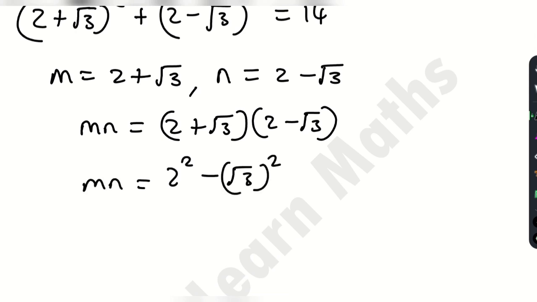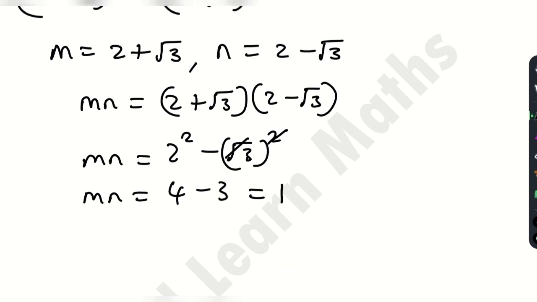So mn is equal to this. And then mn is equal to, what is 2 squared? Isn't that 4? And squared here, we cancel the square root, so you have minus 3, all right, which is equal to 1. So we can say that mn is equal to 1.